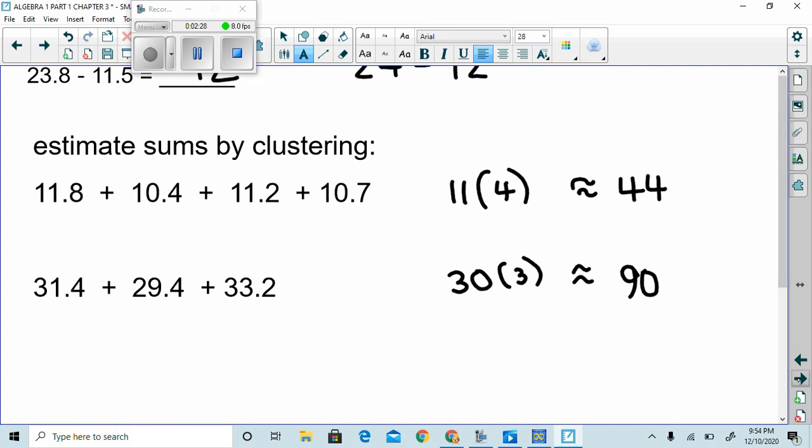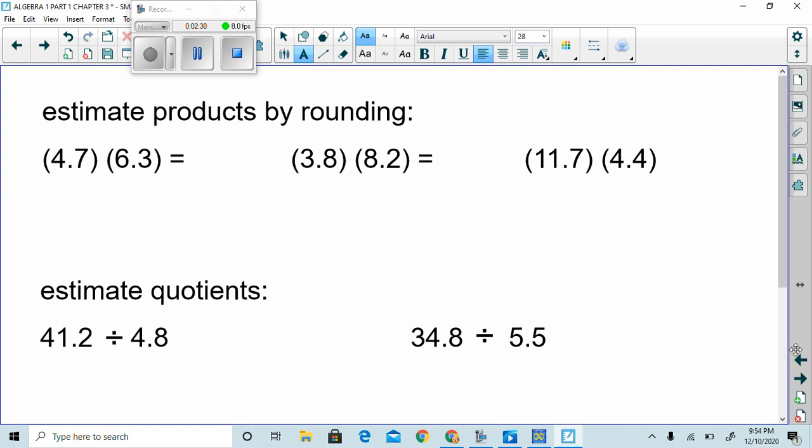We then went from sums and differences to products and quotients. With products, we were rounding to the same place value. So in most cases, if they're single digit numbers or single whole number digits here, we'll round to 5 times 6.